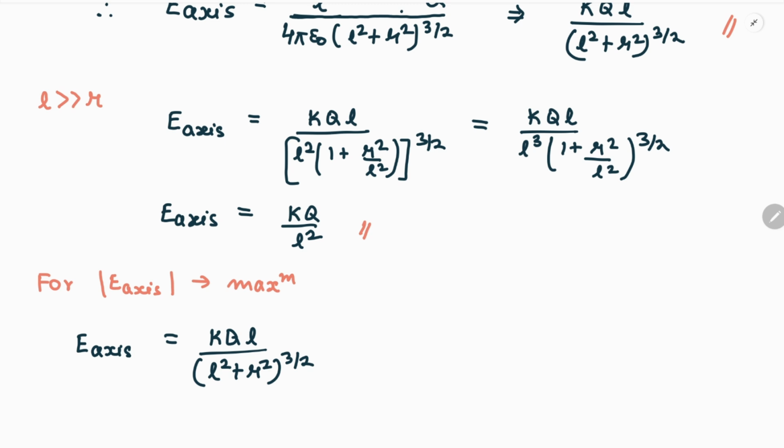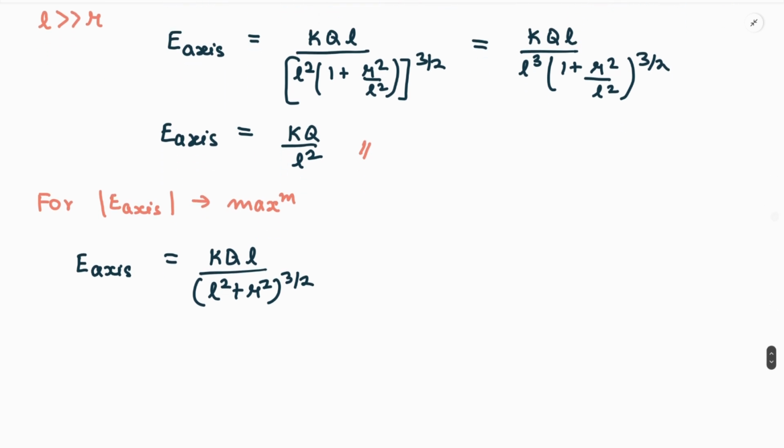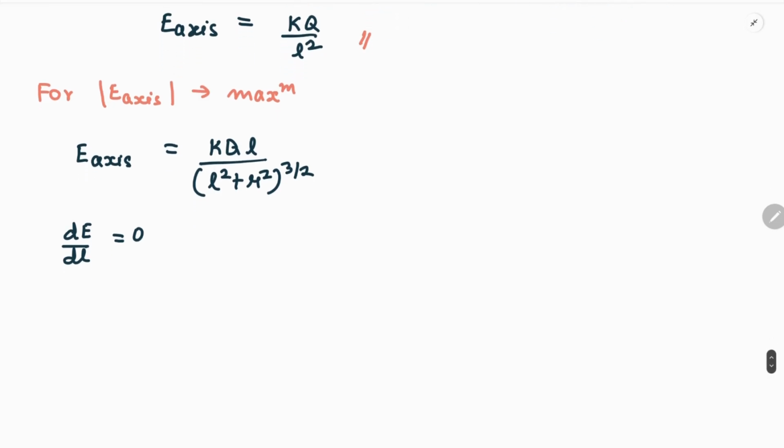So using this we are deriving the condition for maxima. For maxima we can say dE by dL must be equal to 0. So this will give us the maximum condition.